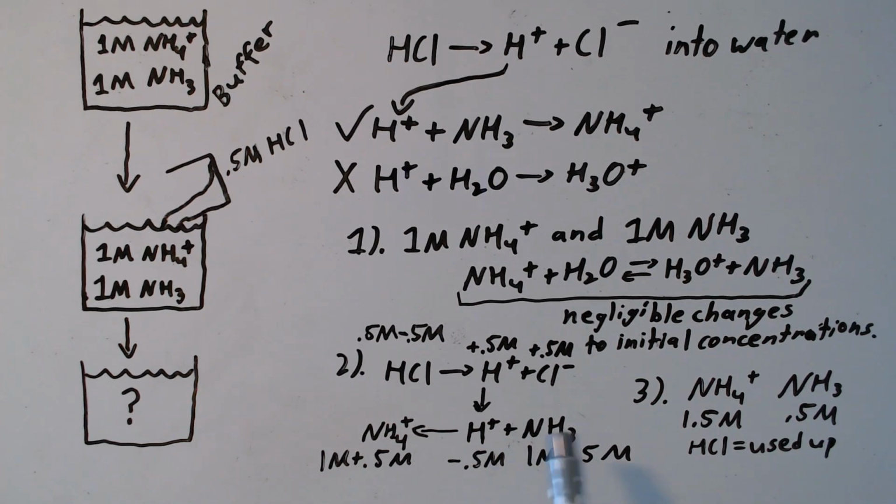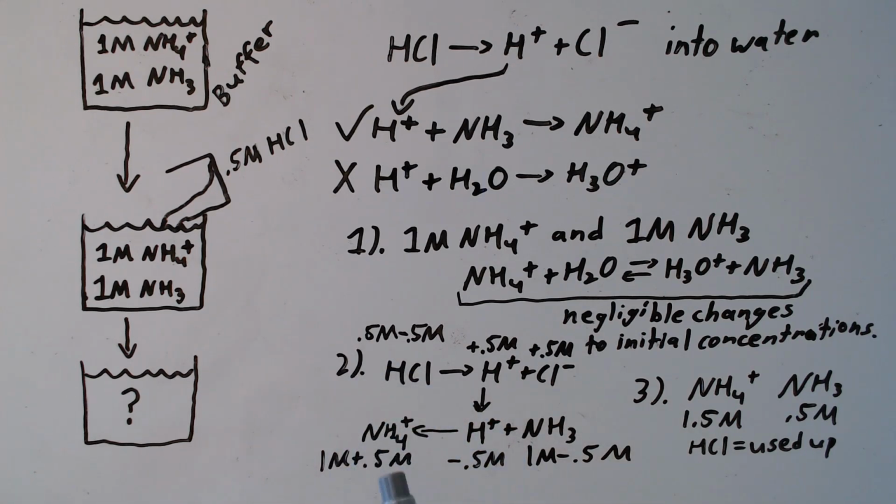So the NH3 concentration actually decreases by 0.5 molar because 0.5 molar of this NH3 binds to 0.5 molar of this H plus to produce an additional 0.5 molar of NH4 plus. So this concentration of NH3 decreases by 0.5 molar, and this concentration of NH4 plus increases by 0.5 molar. And this is all that happens when 0.5 molar of HCl is added.